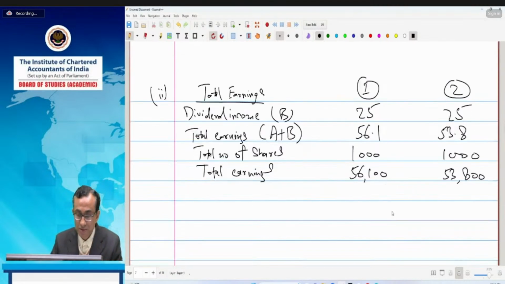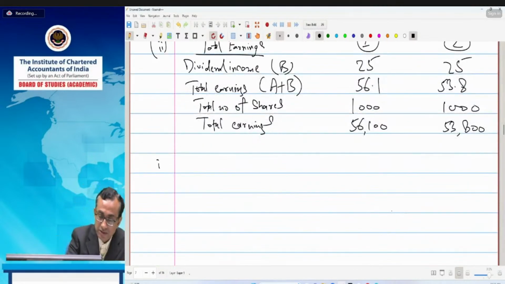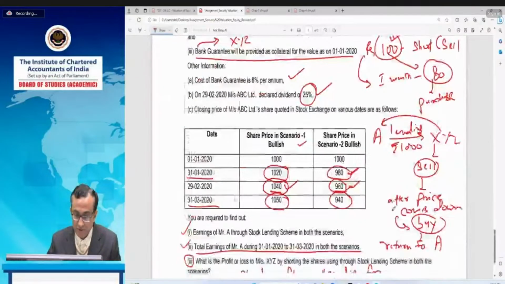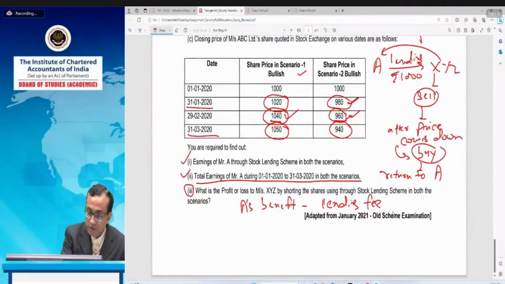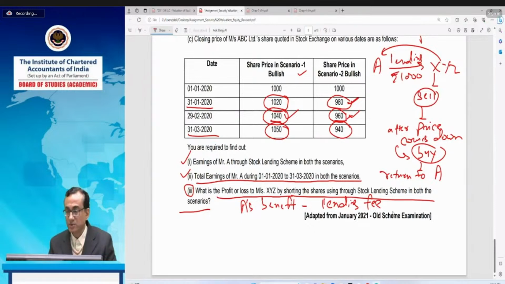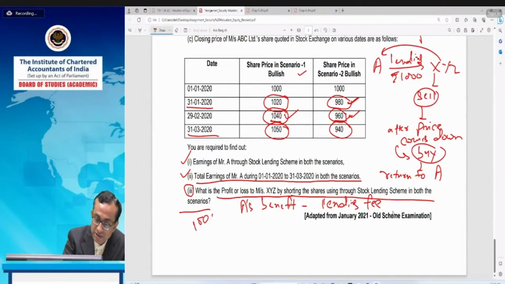Now come to the third part of the question, in which it is asking the profit and loss. What is the profit and loss to Mr. XYZ by shorting the shares? Let me ask you, when will XYZ get profit? XYZ will get profit only when the shares come down. At what price has he shorted?